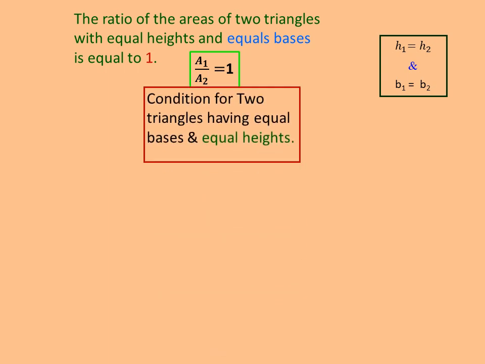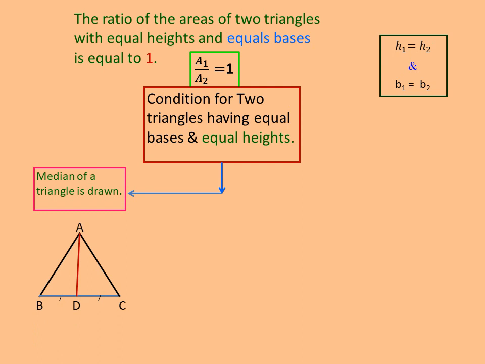Now let us see conditions. Yes, first condition, see here. The median of a triangle is drawn. See here, triangle ABC, when median AD is drawn, you know that a median divides the opposite side into two equal parts. So you can see here triangle ABD and triangle ADC, where we have BD and DC. D is the midpoint, therefore BD will be equal to DC. See here, B1 equals B2.